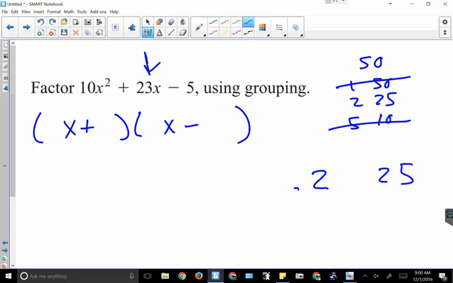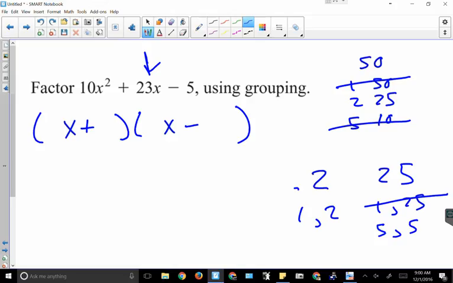Now, what are the factors of 2? 1 and 2. What are the factors of 25? Well, 1 and 25, or 5 and 5. Do I see a large number like 25 in here or here? The answer is no. So it is going to be some combination of this.